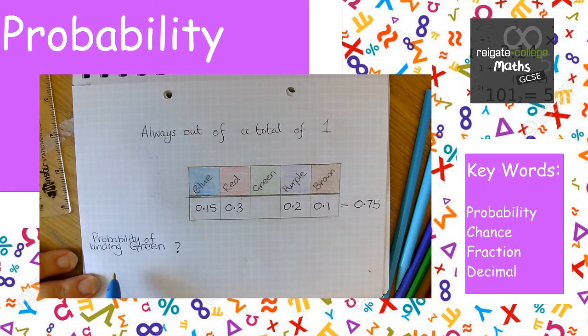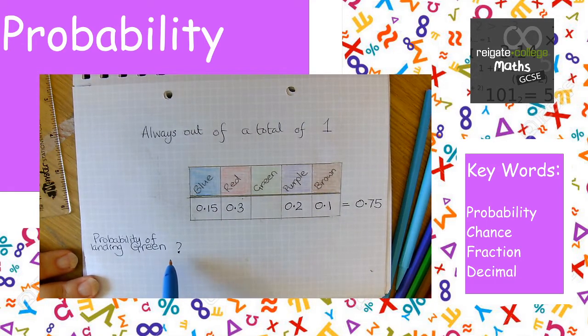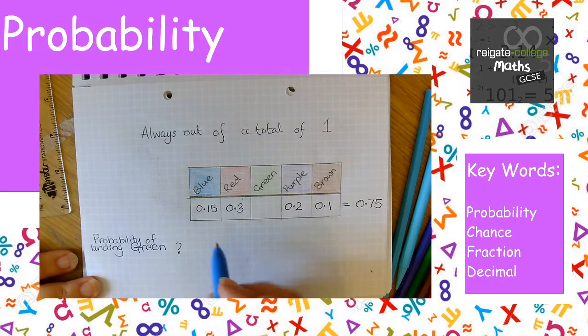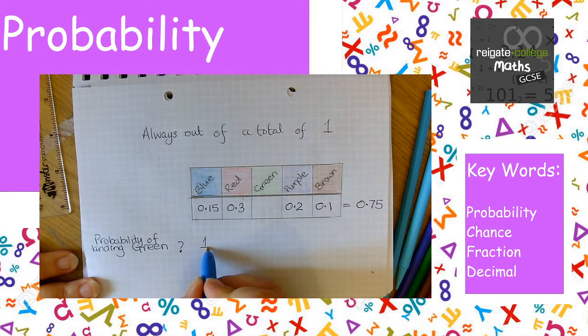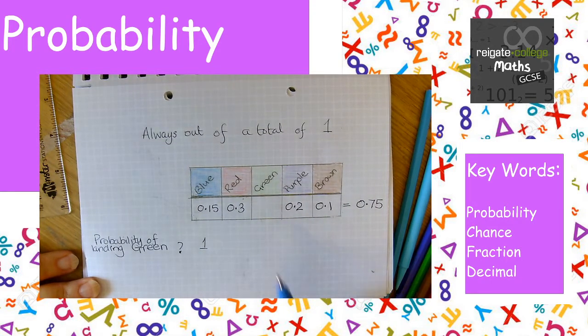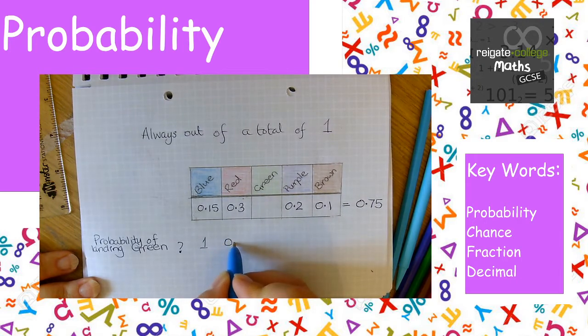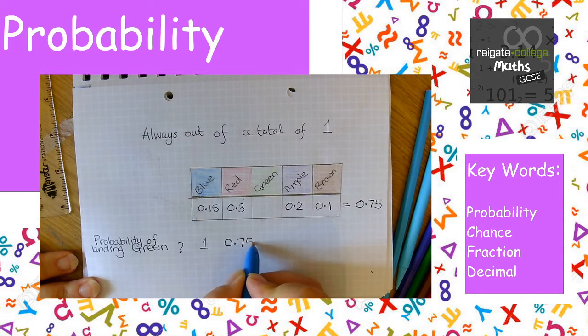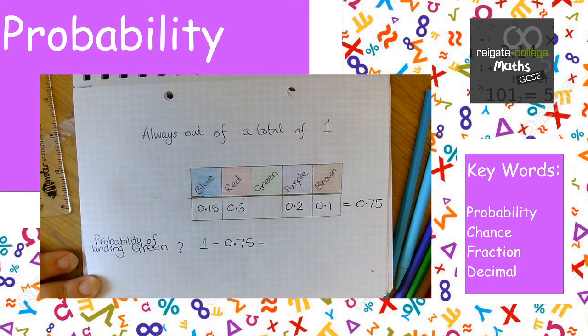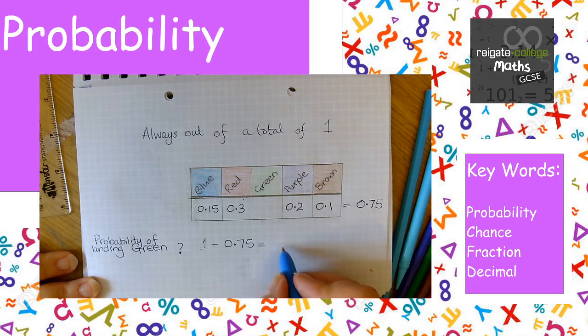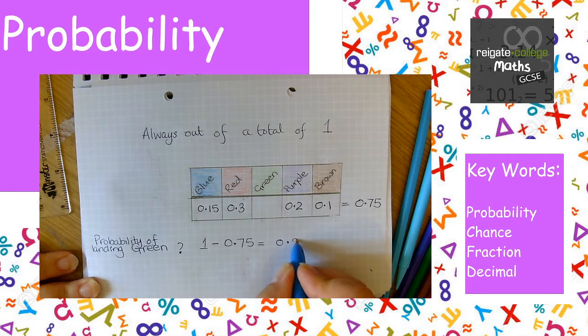So the probability of landing on green has got to be the difference between 1, the total probabilities, and 0.75, which I can find by doing a takeaway sum. 1 take away 0.75 leaves me with 0.25.